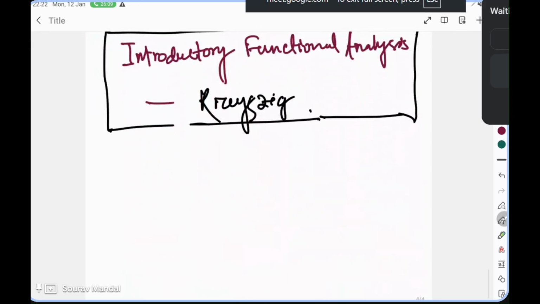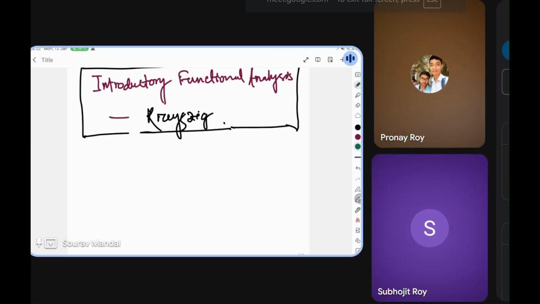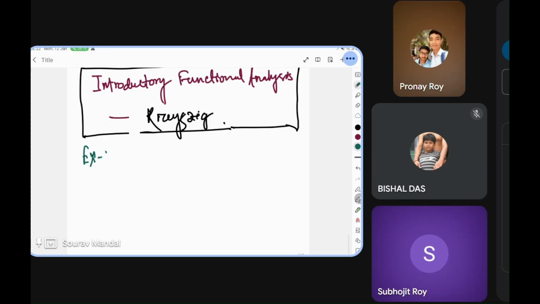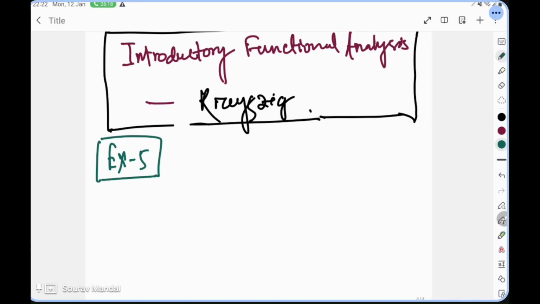Okay, now there is another metric space, C[a,b]. Any idea what that is?